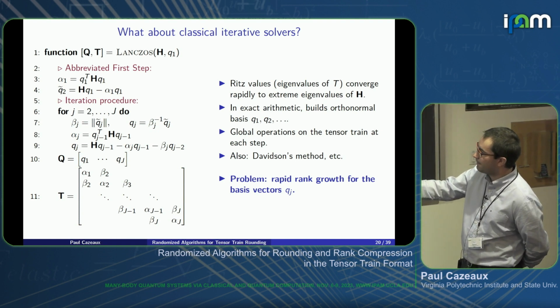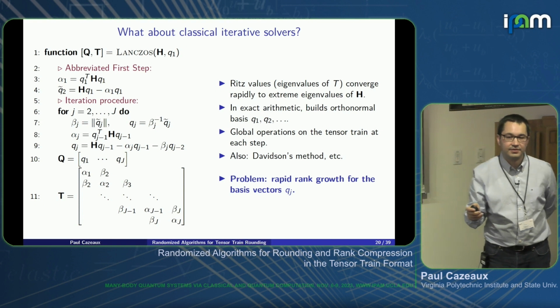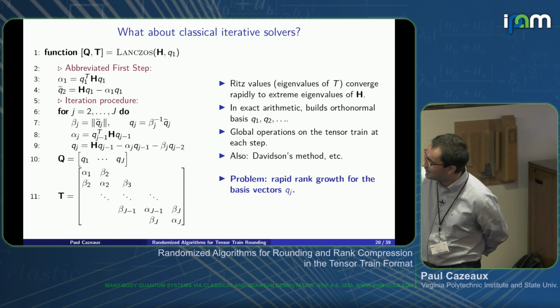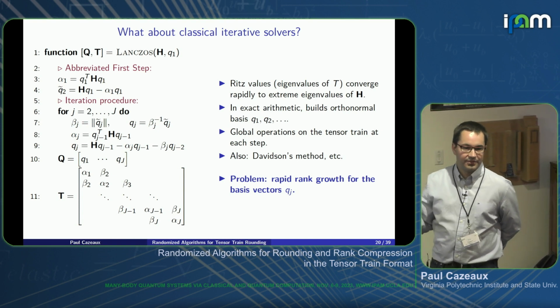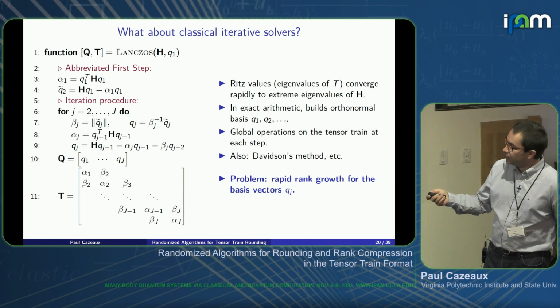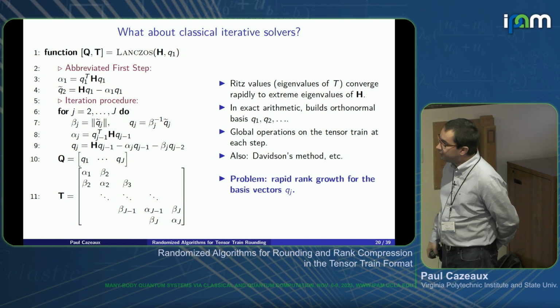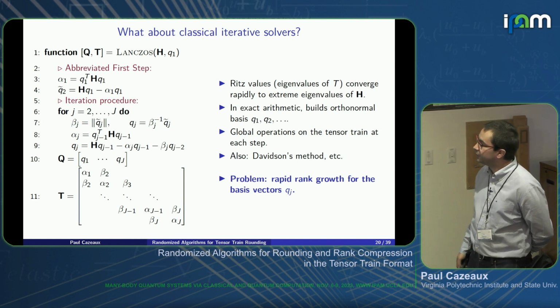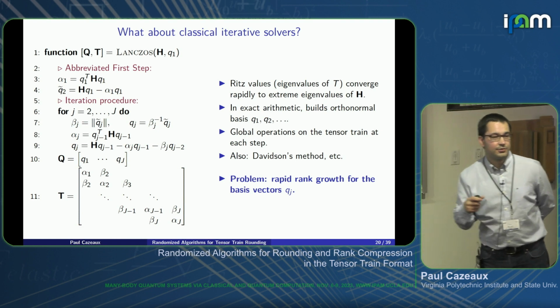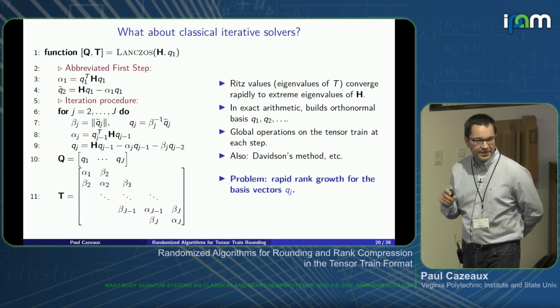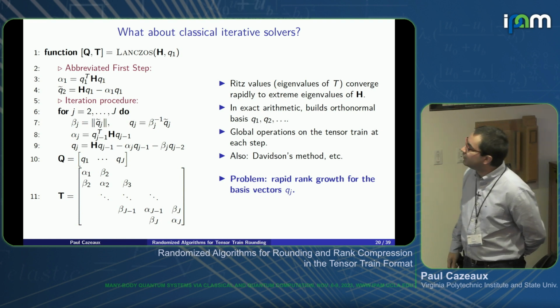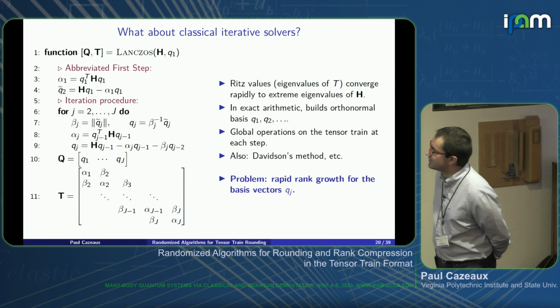I continue like this, and I will get a tridiagonal matrix over here, and the basis vectors of the Krylov space. The Ritz values of this decomposition are known to converge very fast to the extreme eigenvalues of my Hamiltonian. In exact arithmetic, this would build an orthonormal basis. It's known to be slightly unstable, even in normal circumstances.